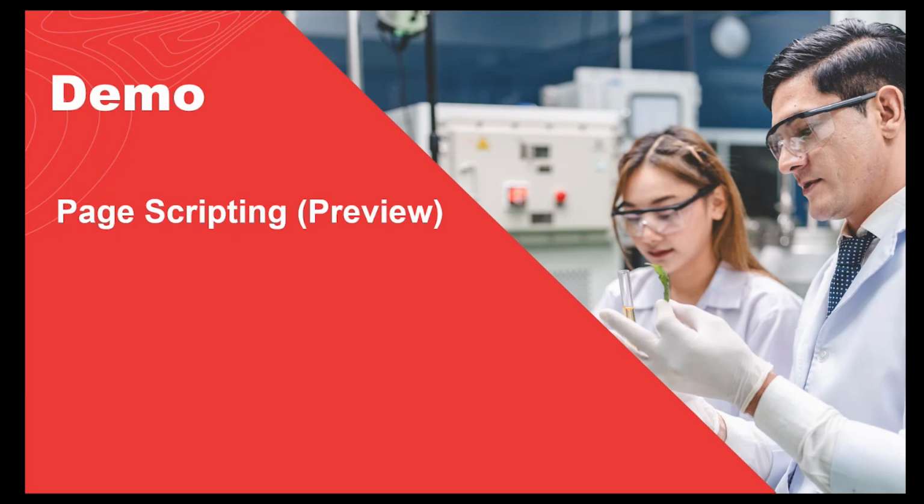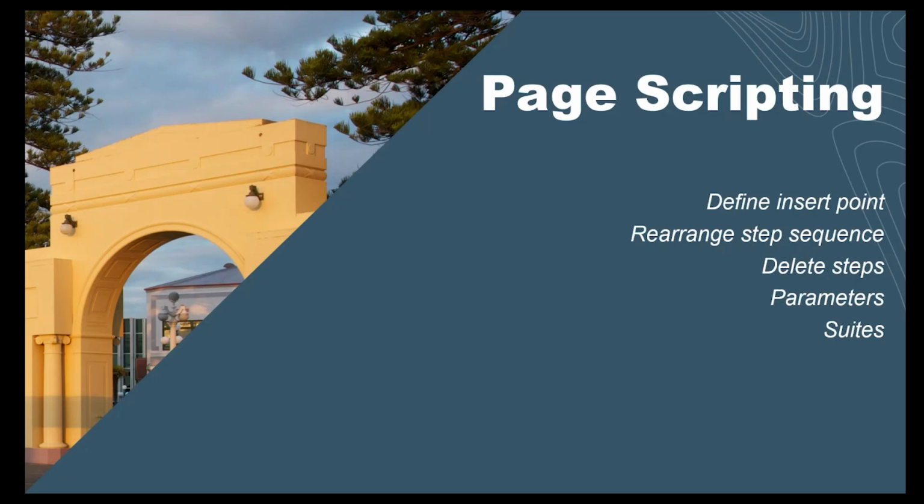Now we get a lot of enhancements to page scripting where we can say, look, if I just want to continue something, I missed something, I can insert a point in my lines and say, look, record from there. I can rearrange the steps by dragging and dropping them up and down. I can delete steps I don't want anymore.